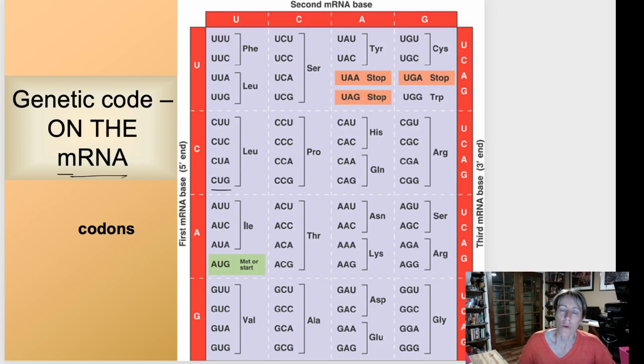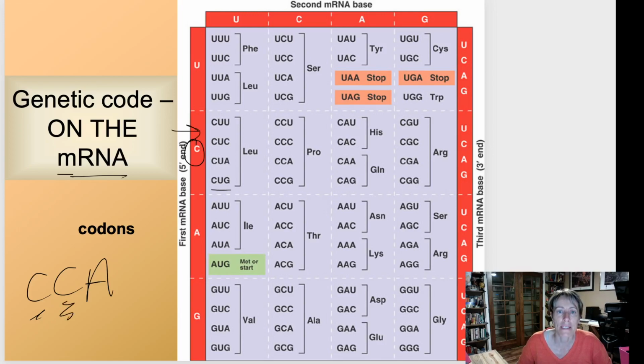The code is most often displayed in a table like this to enable you to find a specific codon quicker than having to scan through a whole long list. So for example, if I said CCA, I'm going to look up CCA. The first base is C, so I'm going to be in this row.